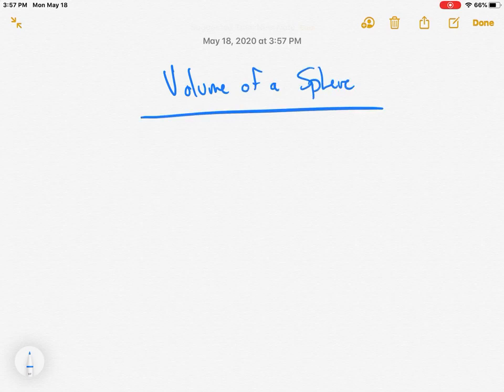Pretty simple actually. We got the volume equals 4/3 pi r cubed. We know that a sphere is a solid in which each point is equidistant from the center. Think about a basketball, a baseball, a soccer ball, volleyball, lacrosse ball.